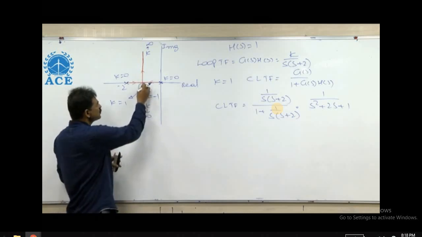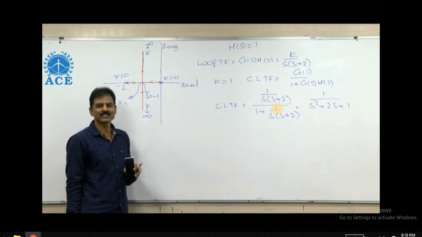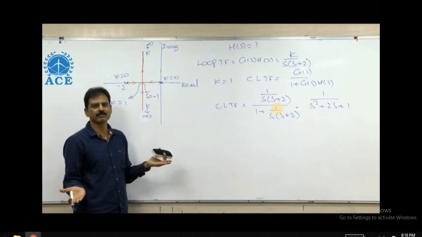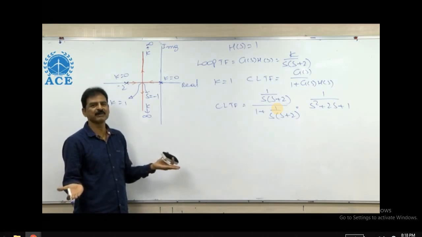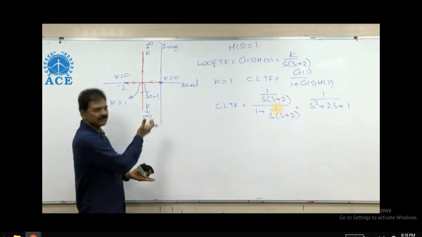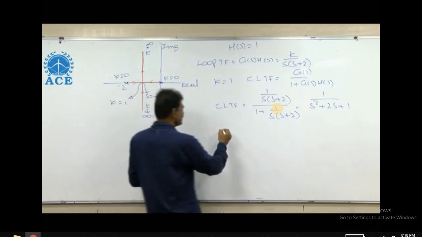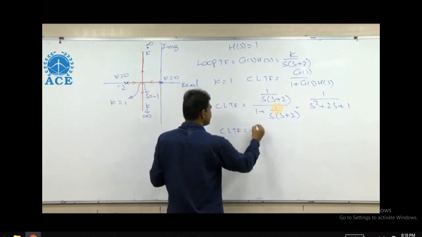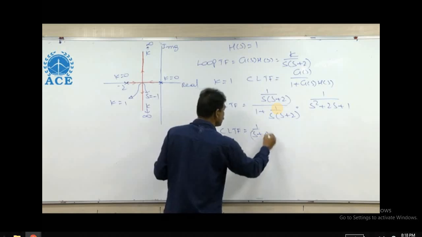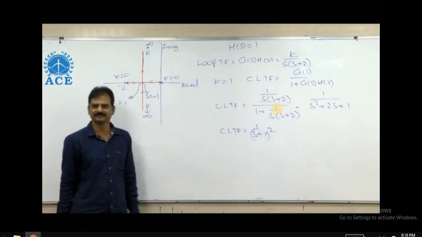Hence, closed loop poles for K is equal to 1 are s is equal to minus 1, a double pole. Therefore, the transfer function is 1 by (s plus 1) square. One doesn't need pen and paper to solve this problem. The answer you can read directly: 1 by (s plus 1) square, which is so simple like this.